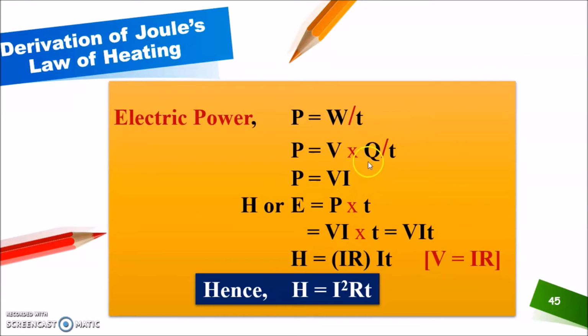So substituting I for Q by T, we get the formula P is equal to VI. This is a very important formula.